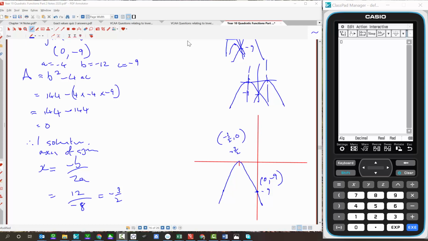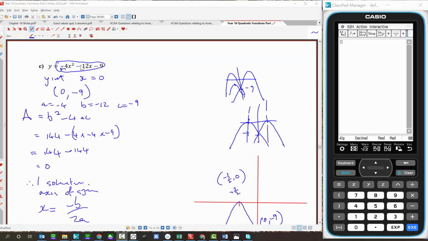Right, now what we could have done is, actually this will factorize to a perfect square. So we could actually test this out by going y equals, and let's pull out the negative, 4x squared plus 12x plus 9, throw that on the cross and it'll be 2x, 2x, 3, 3.